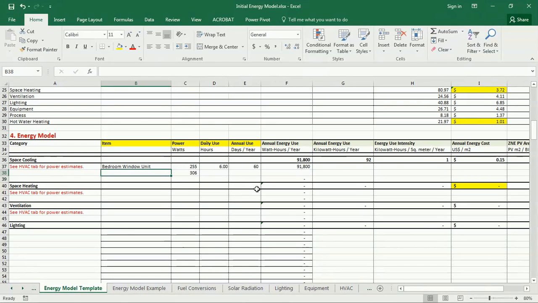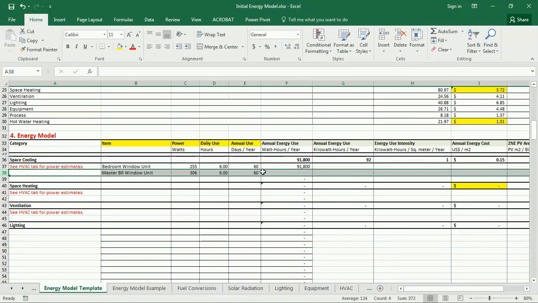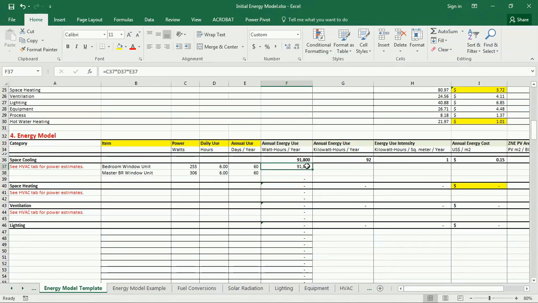And then I'll say this is the master bedroom window unit. And this is also on for 6 hours for 60 days a year. Notice in this case that the total didn't sum right here. And that's because when we added this row, we didn't copy this one.